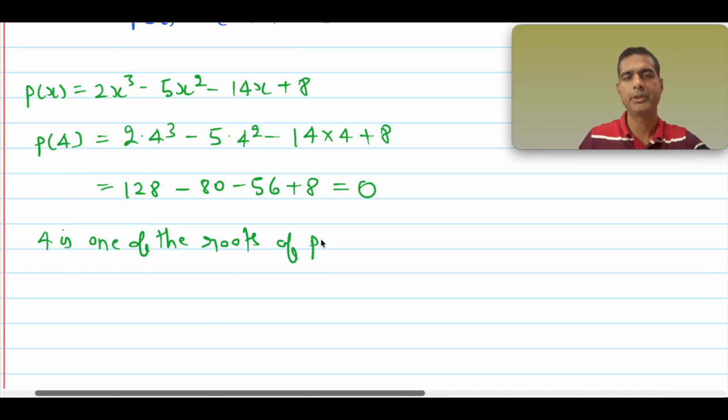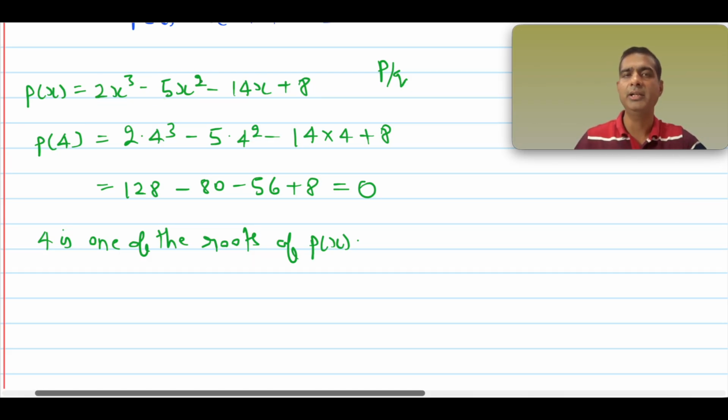of p of x. So students, you might have wondered why I tried 4 only. Maybe I was aware about this value, but you can also guess that whatever be the roots of this polynomial will always be of the form p by q, where p will be a factor of the constant term and q will be a factor of the coefficient of the highest degree.